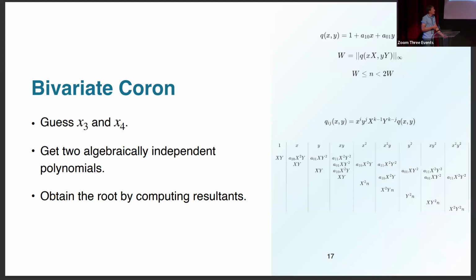So just for an illustration of bivariate Coron. As for Coron, you guess two variables in our case, and then you build a lattice. So you see polynomials as vectors. You add the original polynomial, the quadratic form that we have, in the first row as the first vector, and then you add this original polynomial multiplied by some monomial in the second row as a second vector, and you might add some more polynomials of this form to the lattice.